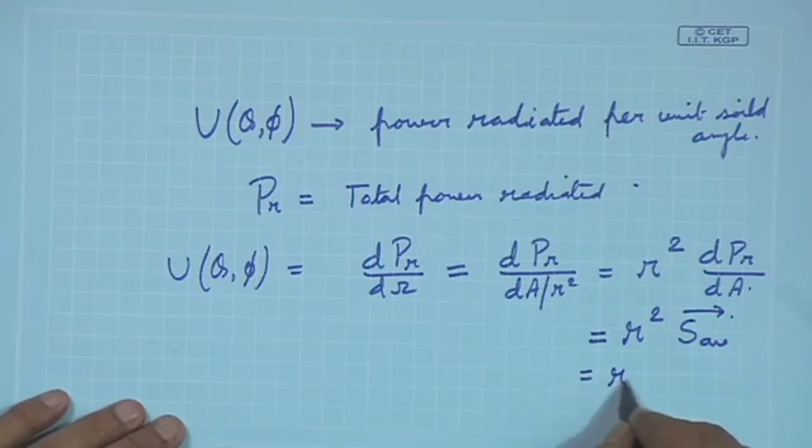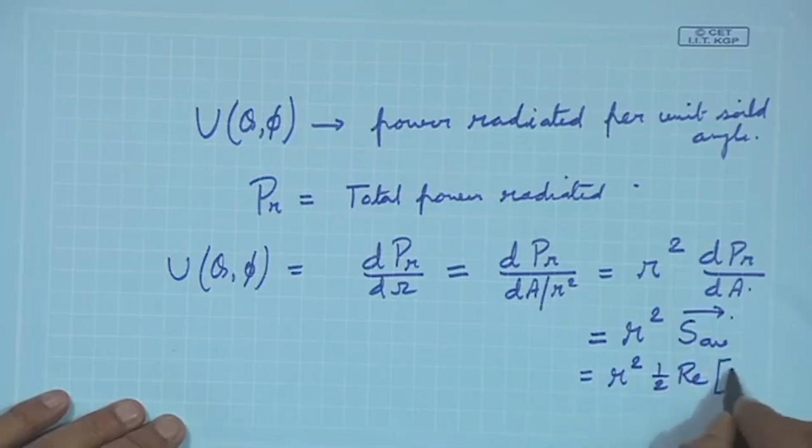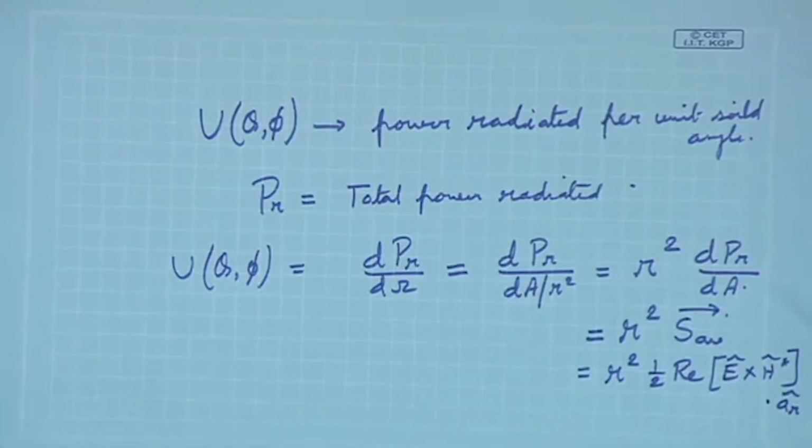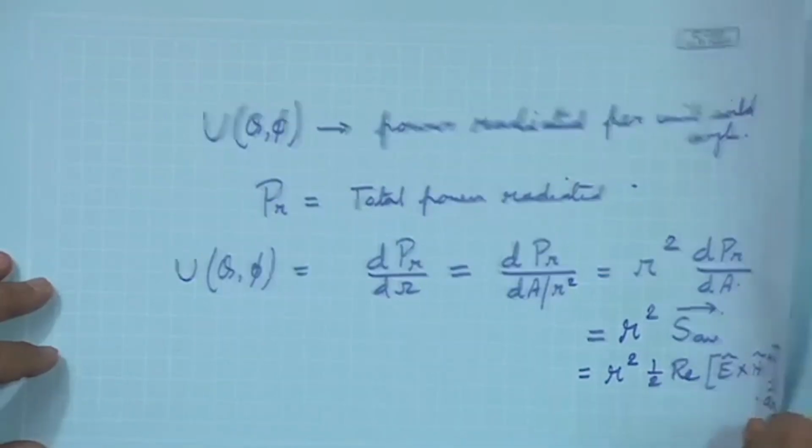For clarity I am writing r square, then it was nothing but half real part of the Poynting vector in the radial direction of this. Now, you see what we will do, we will define directivity.